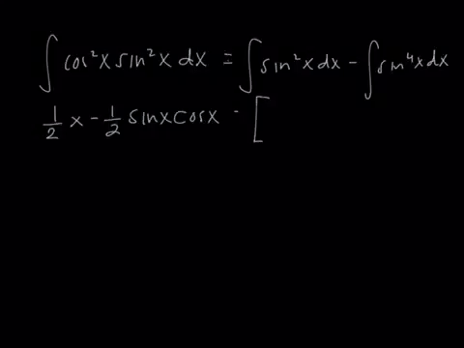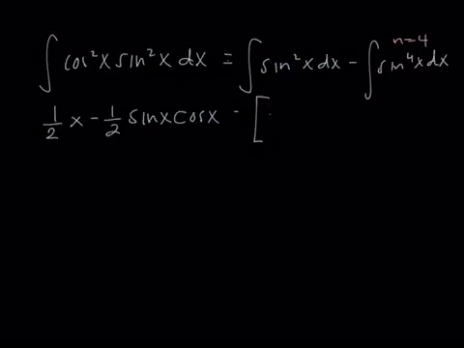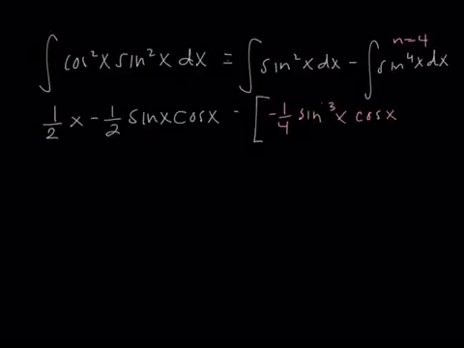So I'm going to use the reduction formula, which says, since, let me say n is equal to 4 in this first iteration, it's going to be minus 1/4 sine to the 3 of x cosine of x plus 3/4, the integral of sine squared of x dx.